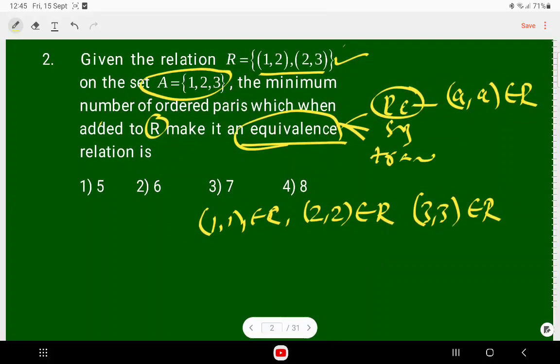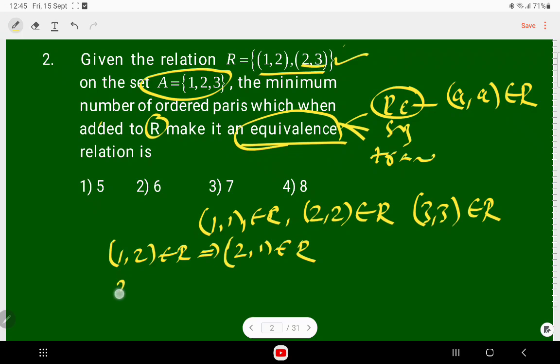For symmetric, we have (1, 2) in R, then definitely (2, 1) also must be in R. Then only it is symmetric. Very good.